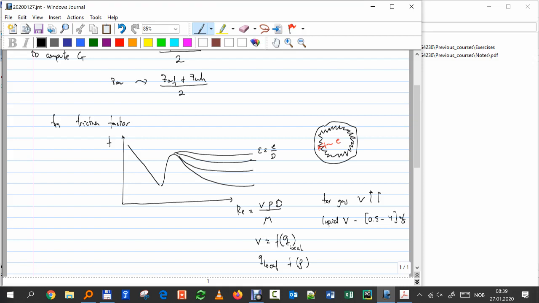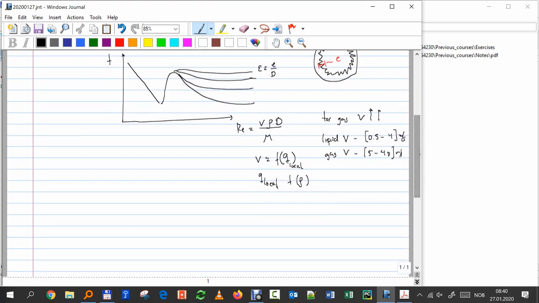When we talk about gas, it can be much higher. The gas could be from maybe 5, but all the way it can go even to 40 or 50. So it's an order of magnitude bigger.